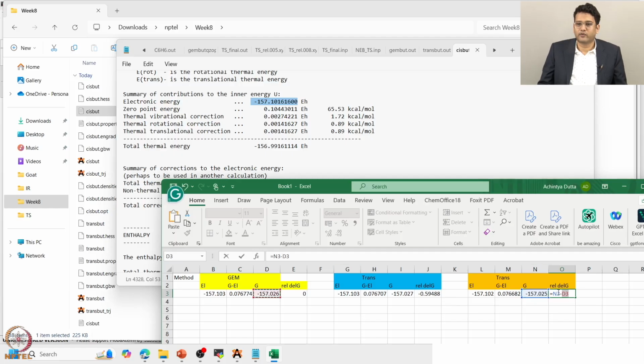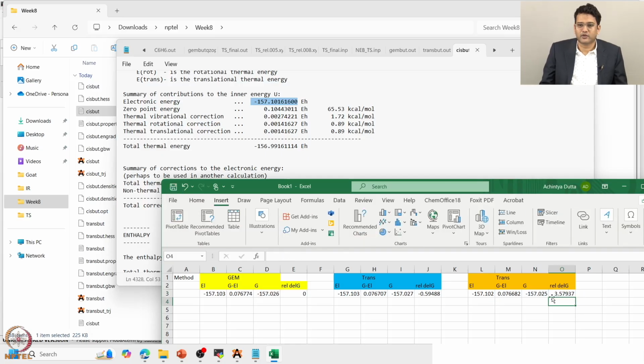Of course, don't forget we have to convert it into kilojoule per mole, and the conversion is 2625.5. Okay. So this is 3.57.